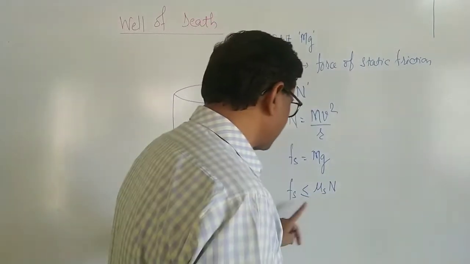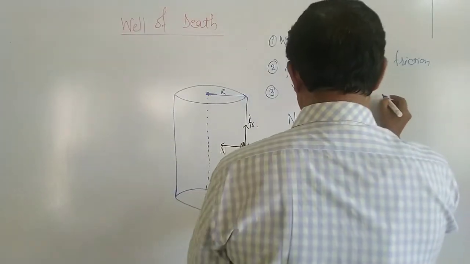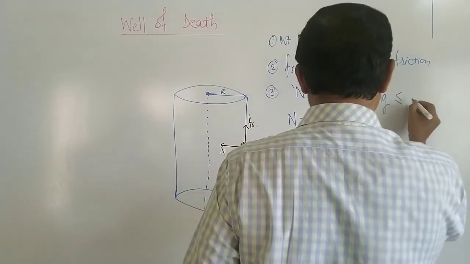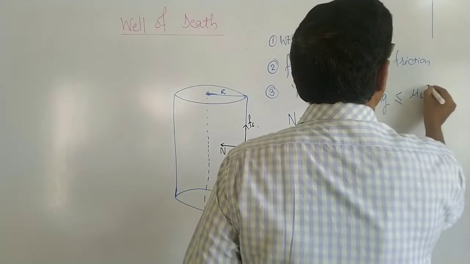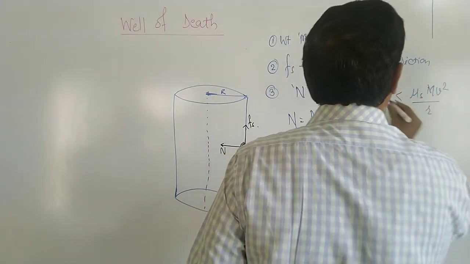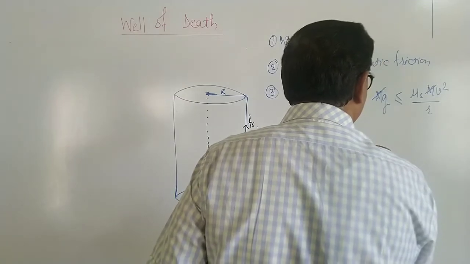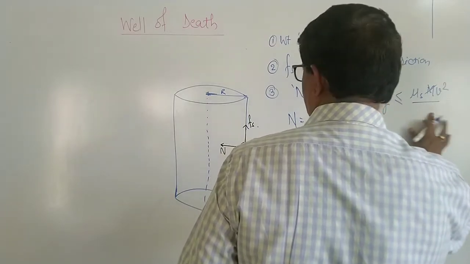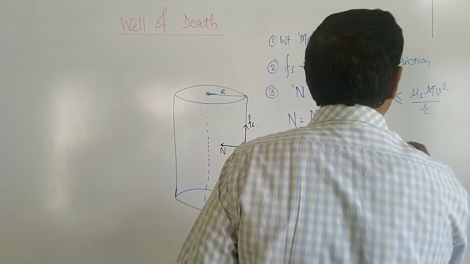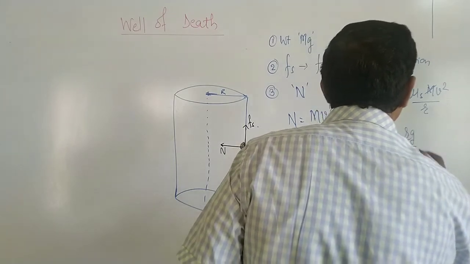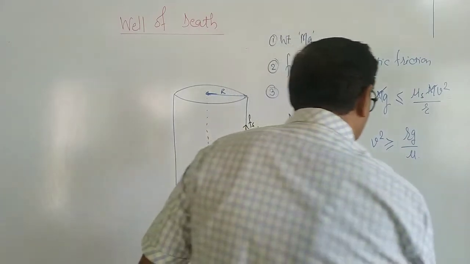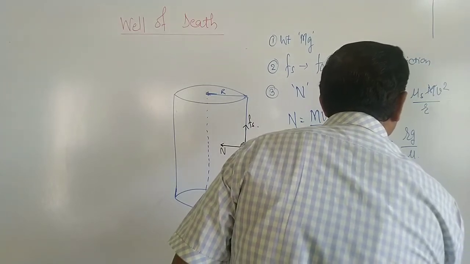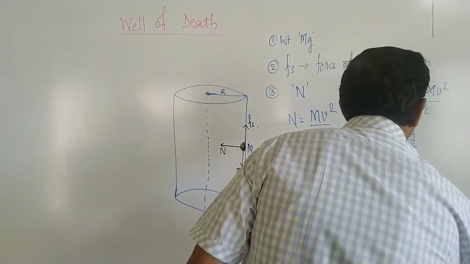Therefore, Fs is less than or equal to mu s into N. But Fs is mg, therefore mg should be less than or equal to mu s into N, which is mv square divided by r. m gets cancelled, therefore v square should be greater than or equal to rg divided by mu s, and therefore the value of minimum speed required in a death well is under root of rg divided by mu s.